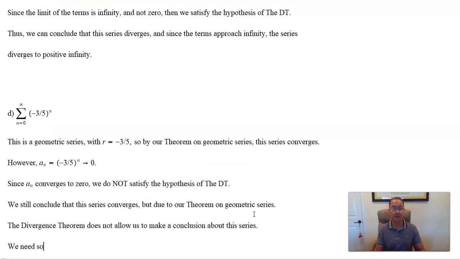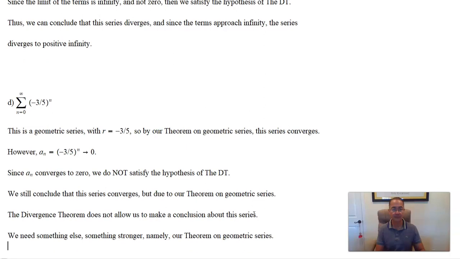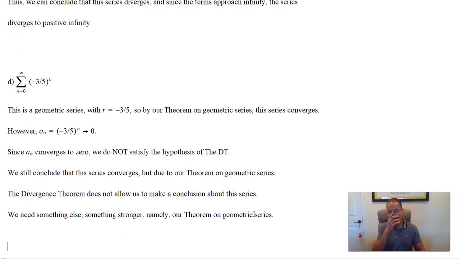We need something else, something stronger, namely our theorem on geometric series. So in other words, something could be true based on a line of reasoning, but not on a different line of reasoning.